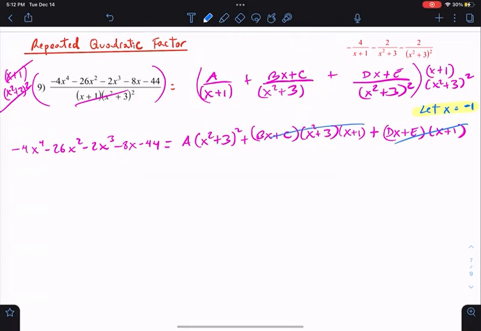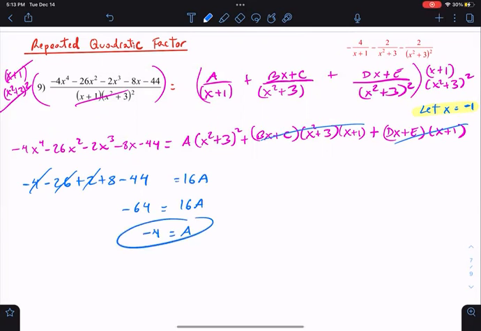And I get negative 1, so that's going to be 4, 16a, and this is negative 1, so this is going to be negative 4, negative 1 is negative 26, negative 1 is positive 2, negative 1 is 8, and this is negative 44, negative 30, negative 28, negative 20, negative 64. So negative 64 equals 16a, divided by 16, you get negative 4. So I already found a. Okay, that's good.